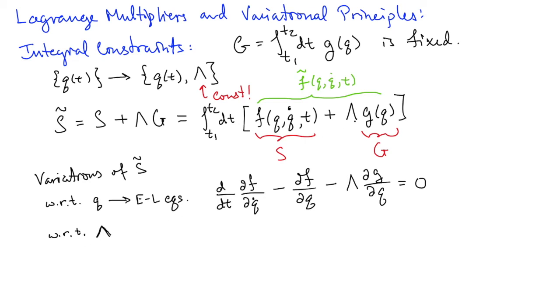But lambda is a constant, it's not a function. We could go through the process of permitting lambda to vary as a constant and asking what the result is, but this is really just taking a derivative. The partial of s tilde with respect to lambda is equal to 0, and that's just our desired integral constraint.